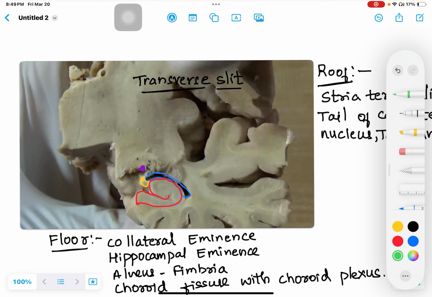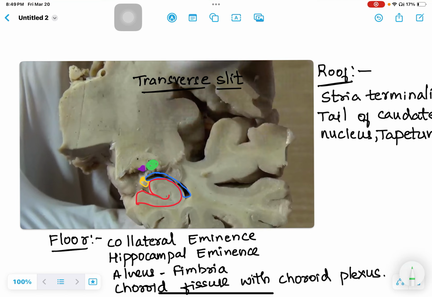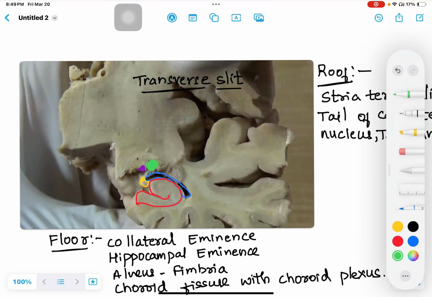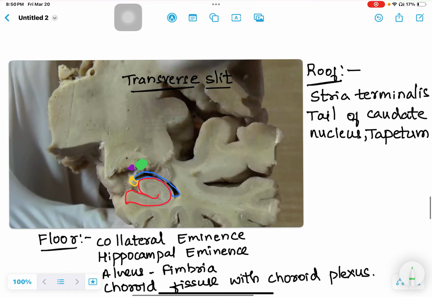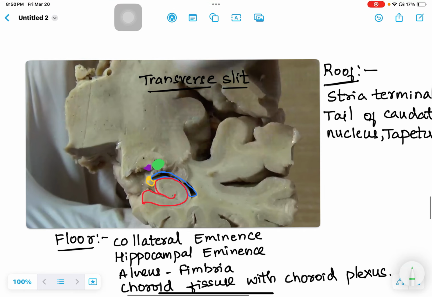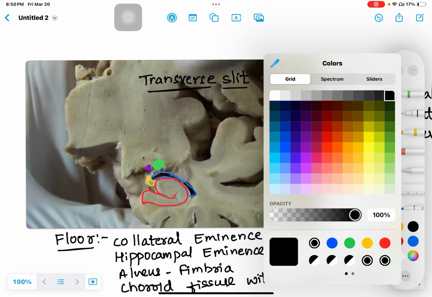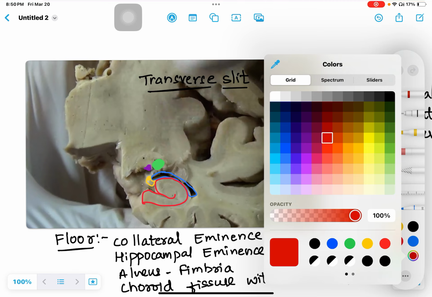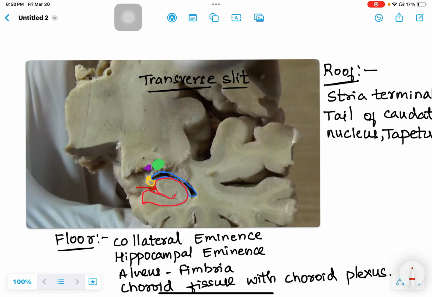Between this tail of the caudate nucleus and the fimbriae, the hippocampus and the alveus, you can see a small opening. This opening is called the choroid fissure.